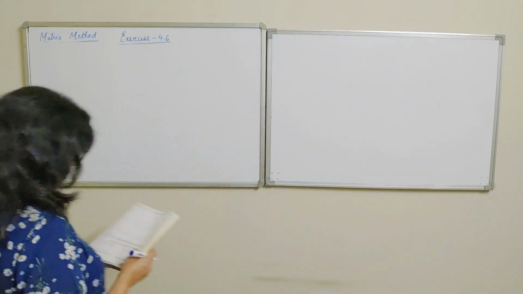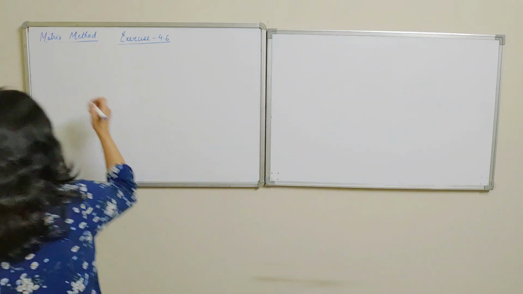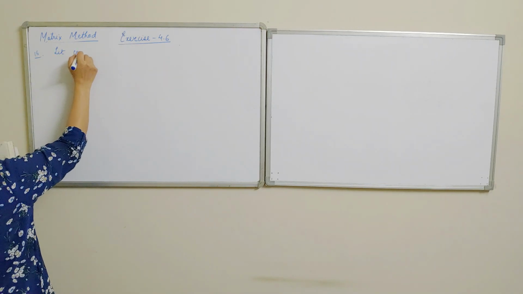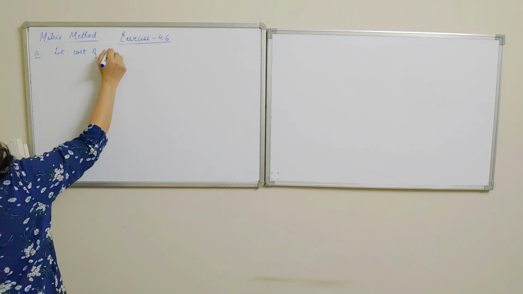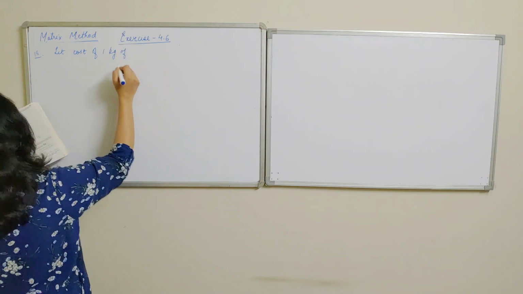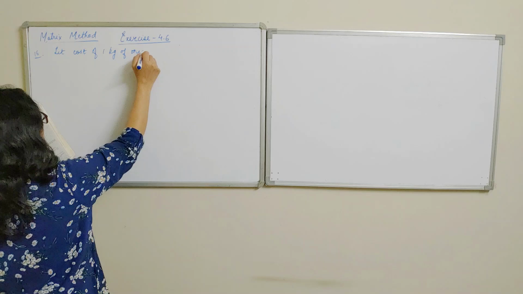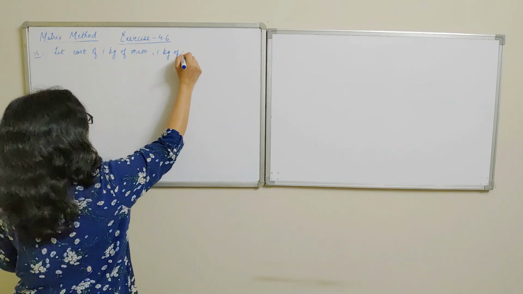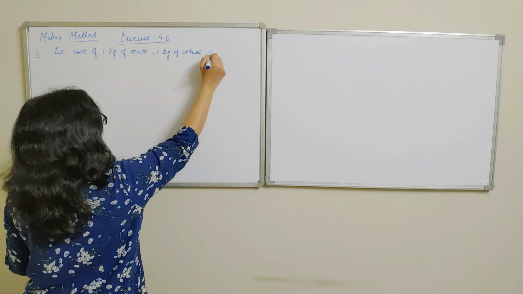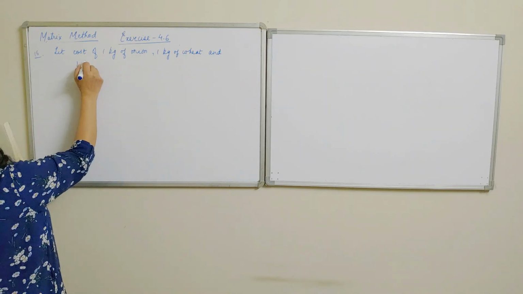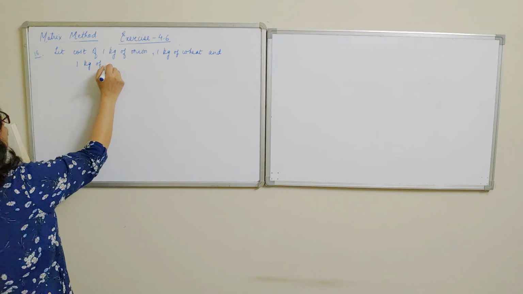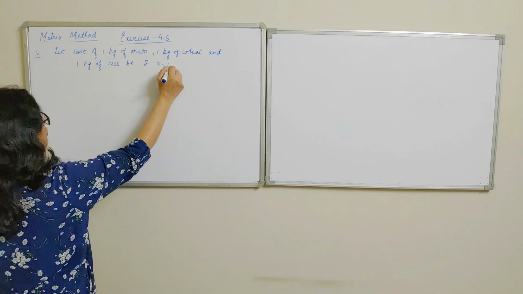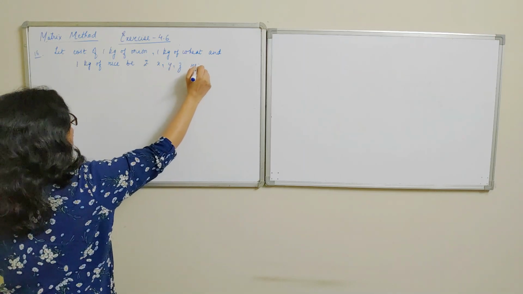Okay, so let us suppose that the cost of 1 kg of onion, 1 kg of wheat and 1 kg of rice be rupees x, y, z respectively.